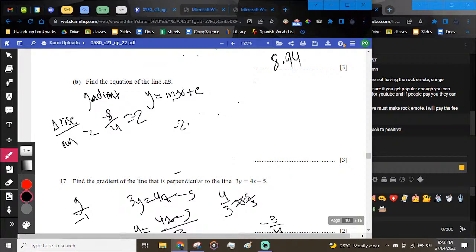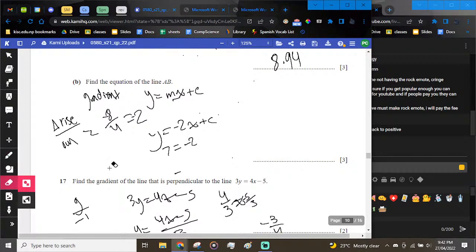So gradient is -2, so y equals -2x plus c. Therefore 7 equals -2 times 5 plus c. X was 5.